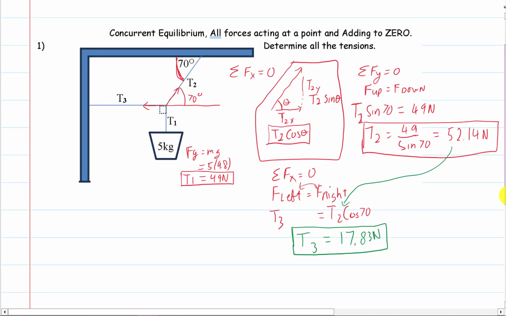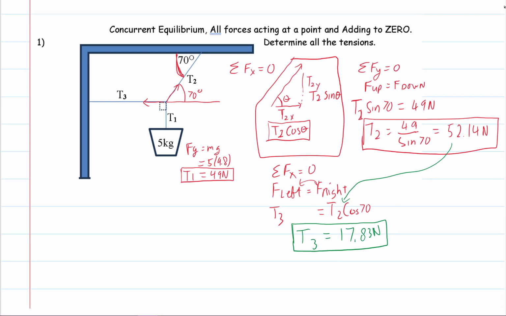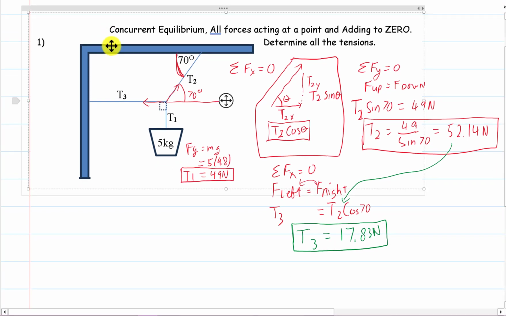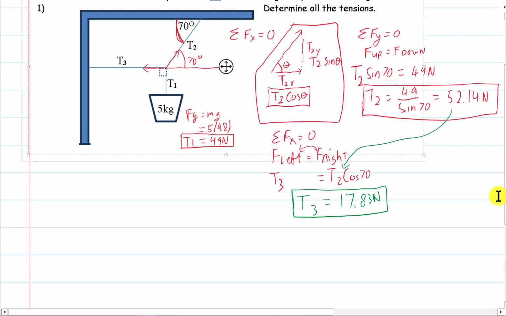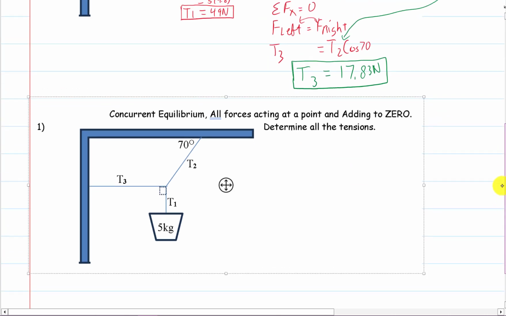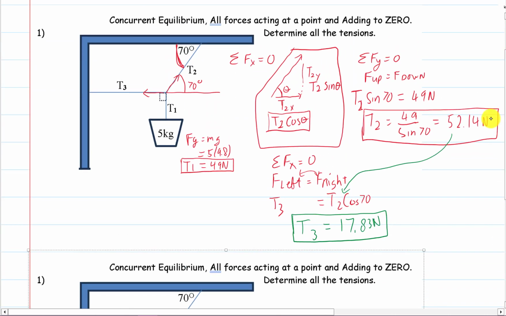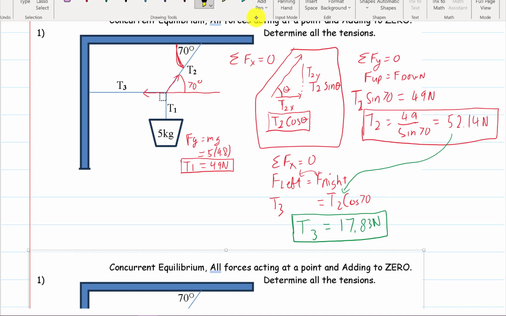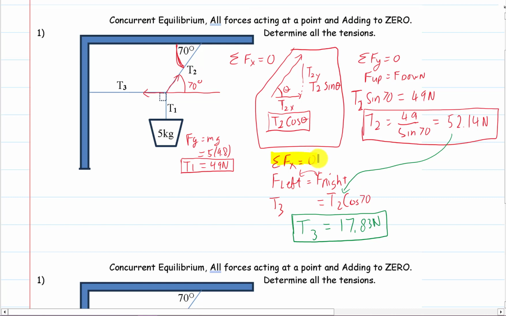Let's do it again differently. We'll do the direct method. Now, this was the component method, breaking it up into its parts and then summing some of the forces in the x and some of the forces in the y.